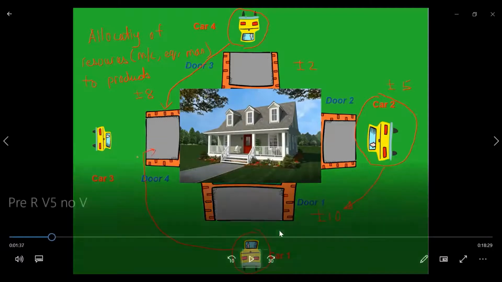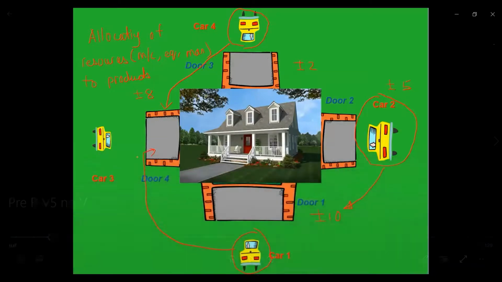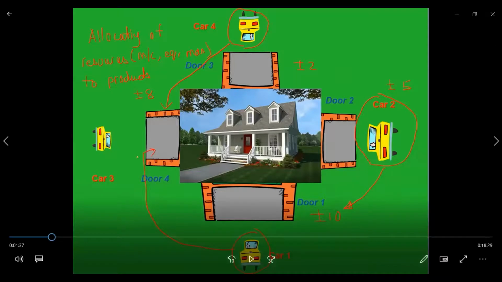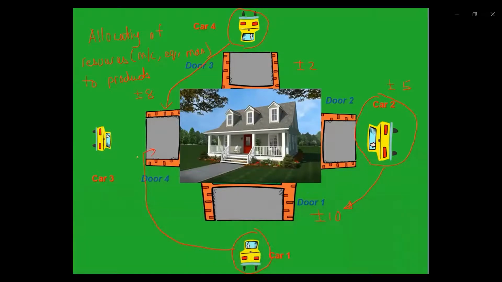Why? Because compared to the previous allocation, where car 2 was allocated to produce door 1 based on the concept that car 2 is the biggest so it should park at door 1, or that the machine with the highest variation should be assigned to produce the product with the biggest tolerance, we now come to the subsequent machine and product allocations.